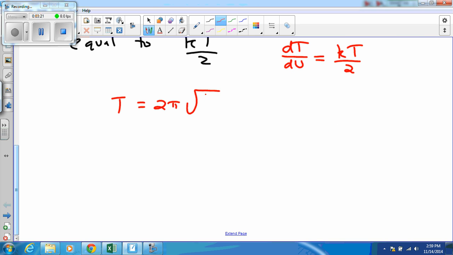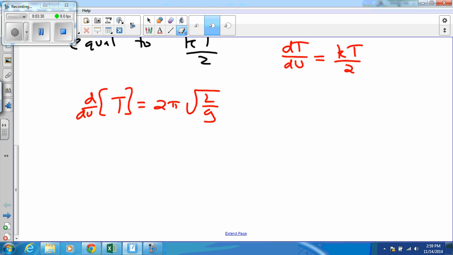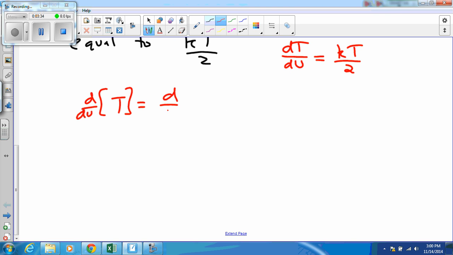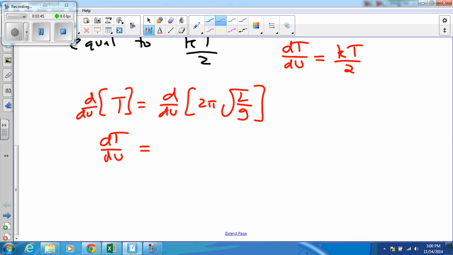So here we go. T equals 2 pi root L over g. And therefore, when we take the derivative with respect to U on both sides, give ourselves a little more room to work with. Then on the left-hand side, we get dT/dU. On the right-hand side, constant multiple rule looks good here.